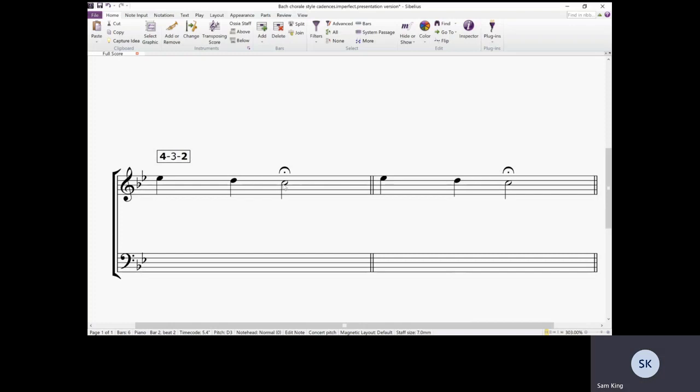So we know already, don't we, that this note is going to be harmonized by an F major chord, the dominant chord. Listen carefully to the first example and see if you can write in the bass part. And you can pause and replay. And now I'll show you the bass.